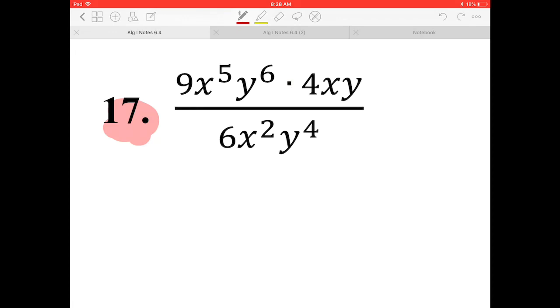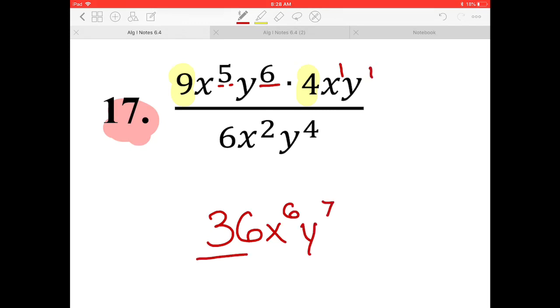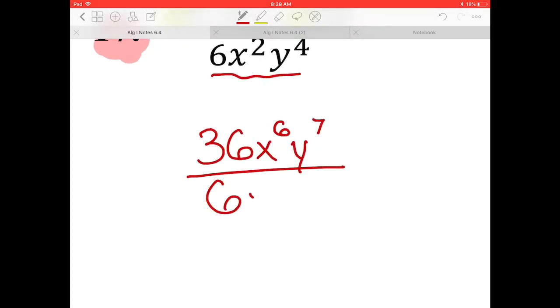So in the top here, 9 times 4 is 36, and then we're adding our exponents. So x to the 5th power and another x is x to the 6th. For y, 6 and 1 is 7. And then on the bottom, I'm just going to rewrite all of this. So 6x squared y to the 4th.